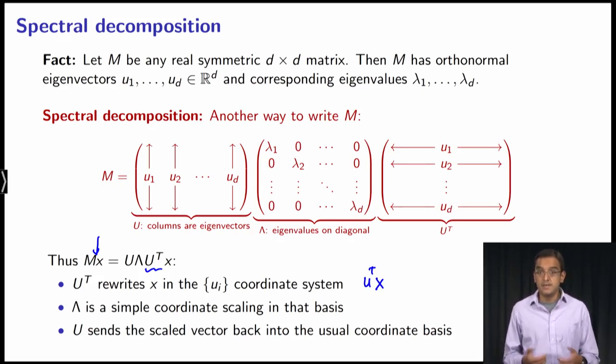Then it applies this simple scaling. Now that the point is in its own coordinate system, it simply scales each of the coordinates separately, lambda 1 through lambda d. And then finally it takes that answer and converts it back into the basis we understand, the regular coordinate basis. So any matrix can be expressed simply in this way.